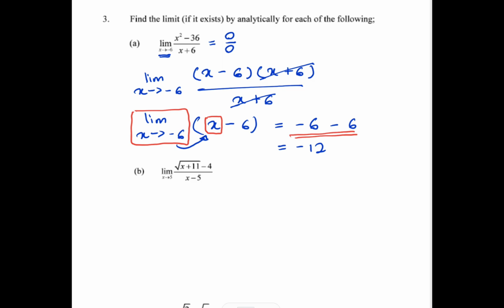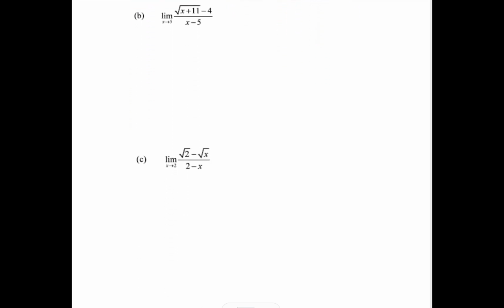Okay, next, question B. We have limit x approaches 5 of square root of x plus 11 minus 4 divided by x minus 5. Same thing here, when you substitute x with 5 directly, you get 0 divided by 0, so this is an indeterminate form. Since your function involves a square root, you must times by conjugate.